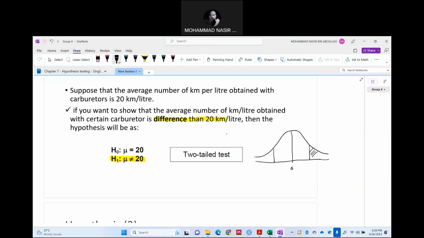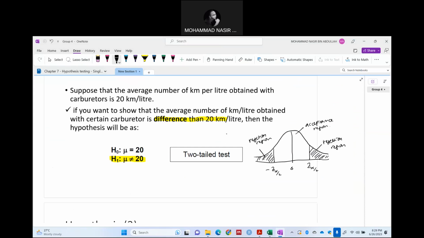So on the right and left. This is negative Z alpha divided by 2, and Z alpha divided by 2. This is a rejection region. This is also a rejection region. And this is the acceptance region. If the Z statistic lies inside the acceptance region, then we accept the null hypothesis.